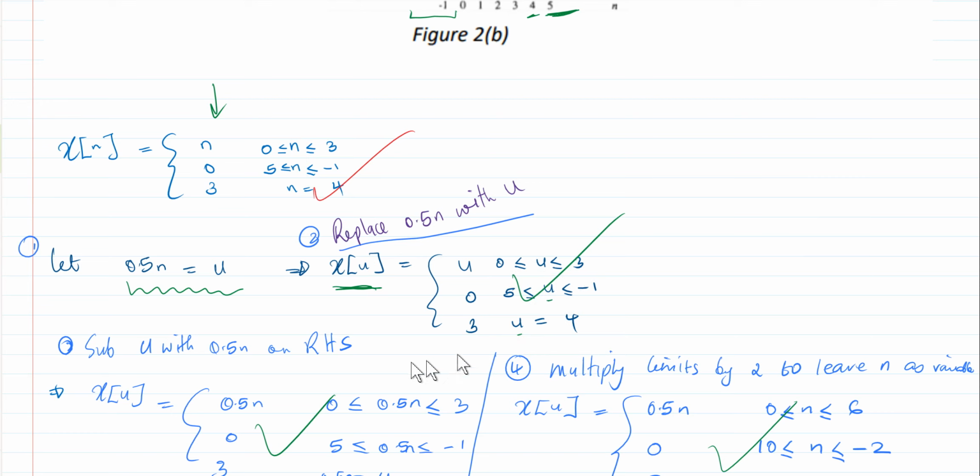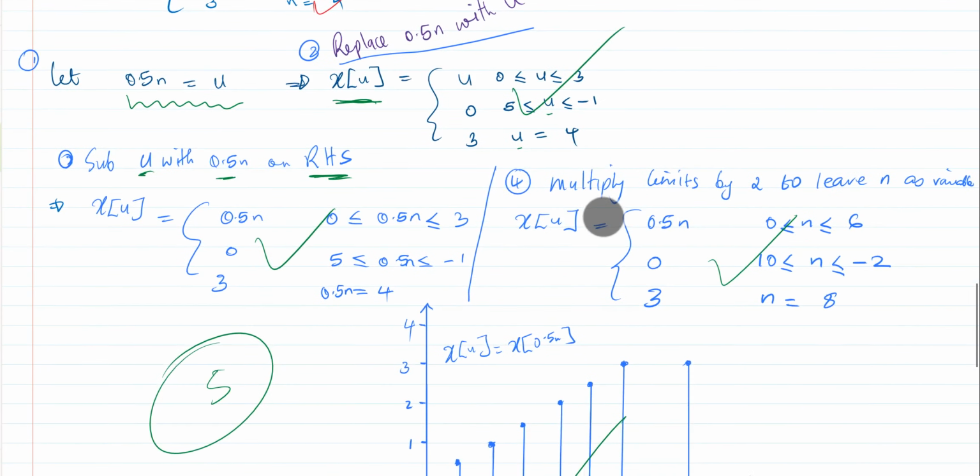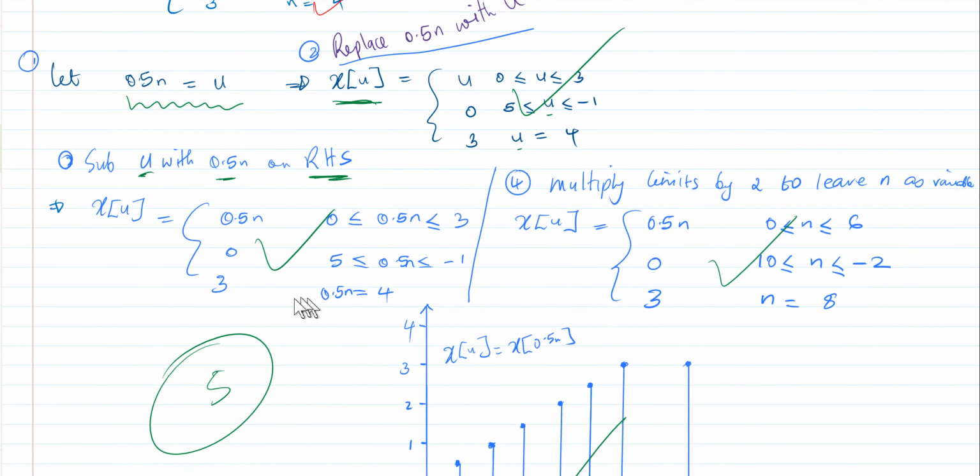The next step is to replace u with its actual value, which is 0.5 n, but we are doing that on the right hand side. We are going to keep the left hand side as it is to avoid confusion. So where we had u, we put 0.5 n, and where we had u again, we put 0.5 n as well. Now that enables us to work on the right hand side, leaving the left hand side untouched.